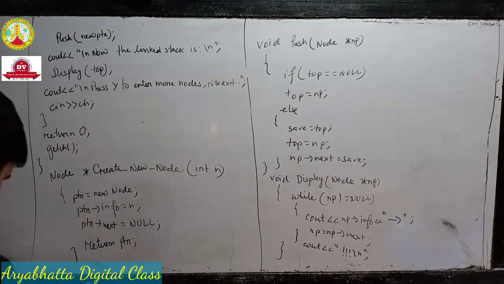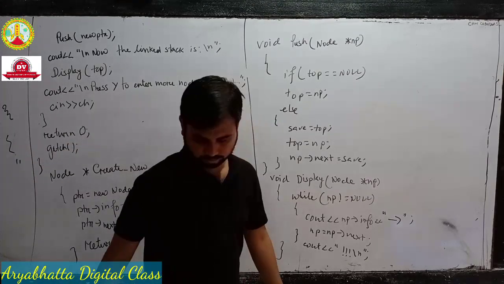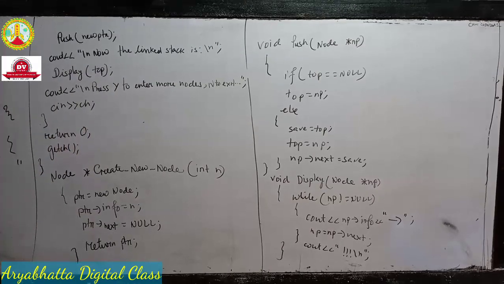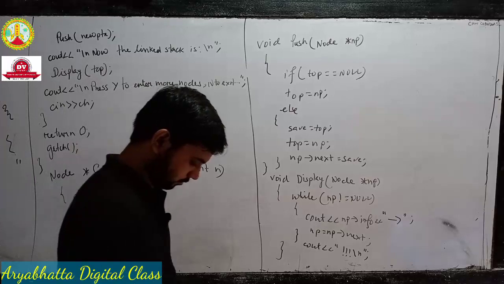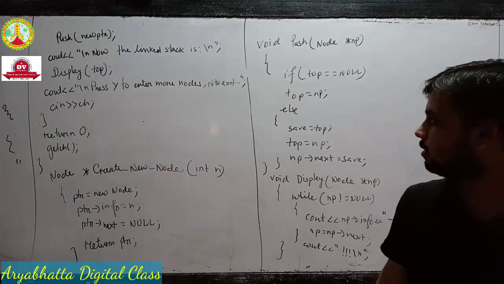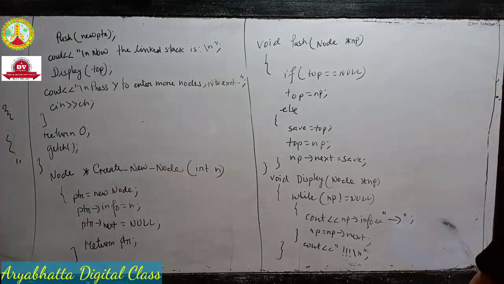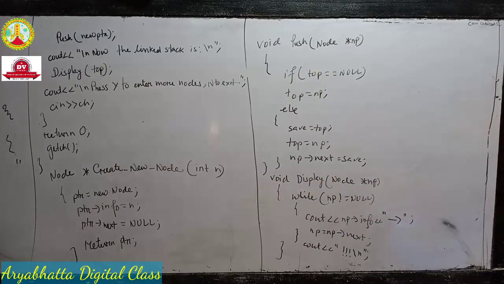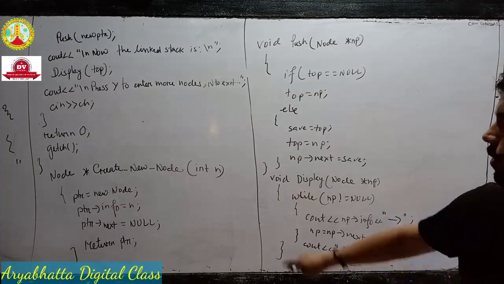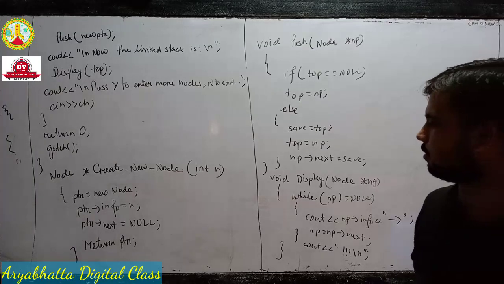You see, in here we define three functions because we declared three member functions: create new node, push and display, okay? And in create new node, we assign the information part will be what?